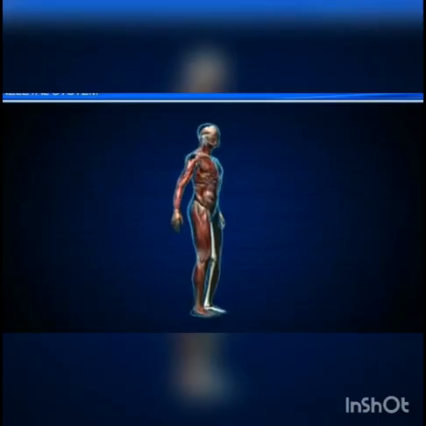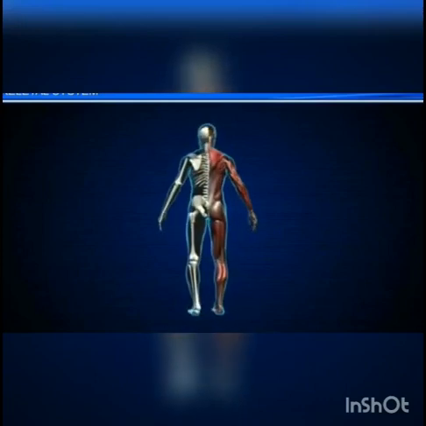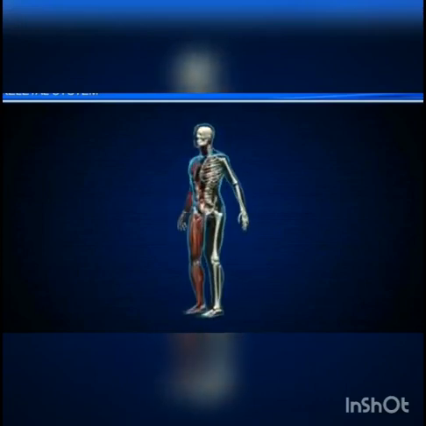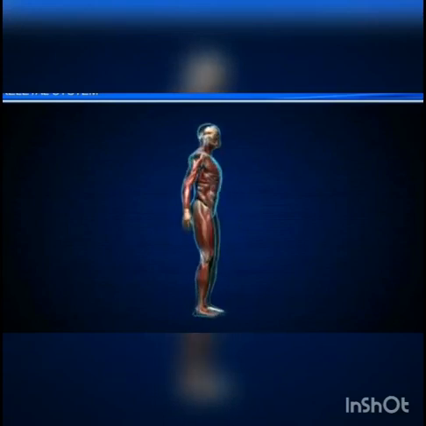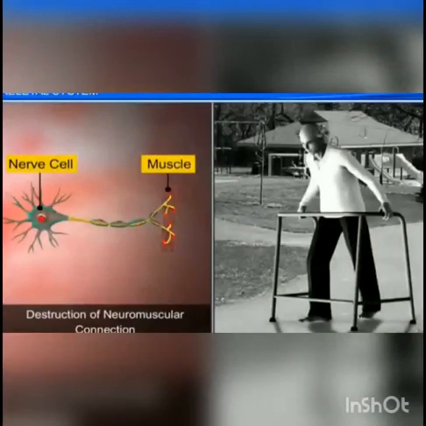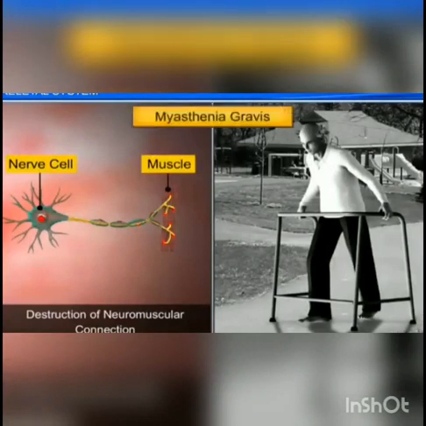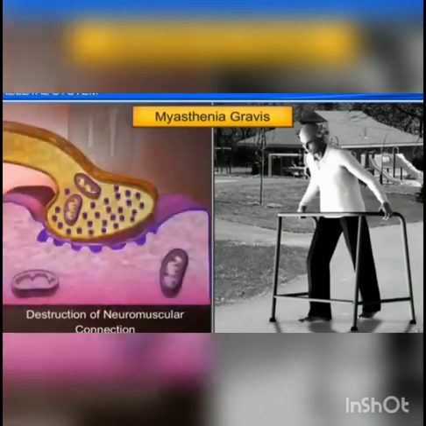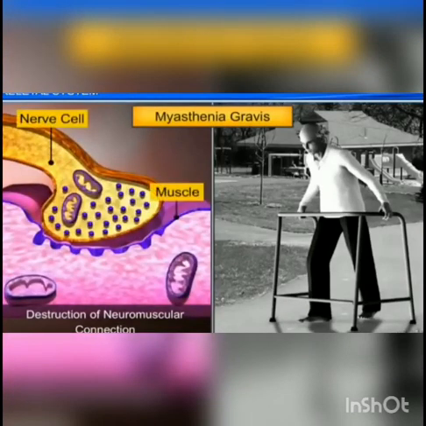Next is the disorders of the muscular and the skeletal system. There are various disorders of the muscular system such as myasthenia gravis. Myasthenia gravis is an autoimmune disorder affecting the action of acetylcholine at the neuromuscular junction, leading to fatigue, weakness, and paralysis of skeletal muscle.